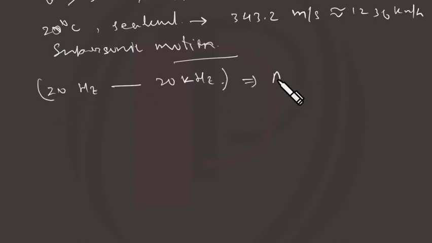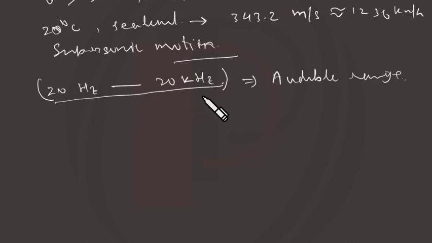That's only the audible range of vibration that produces sound, which our ear and brain can recognize. Any vibration in this range is called the sonic vibration.